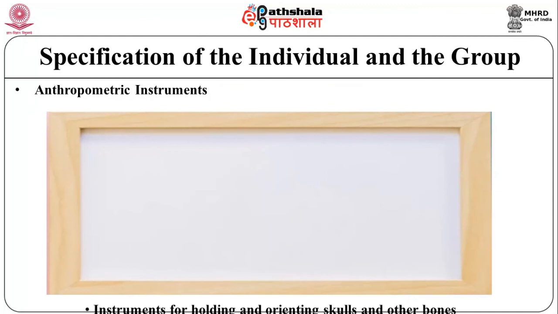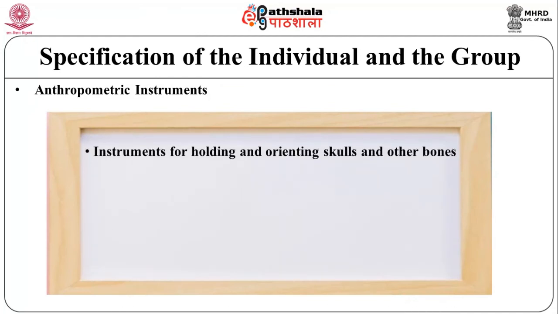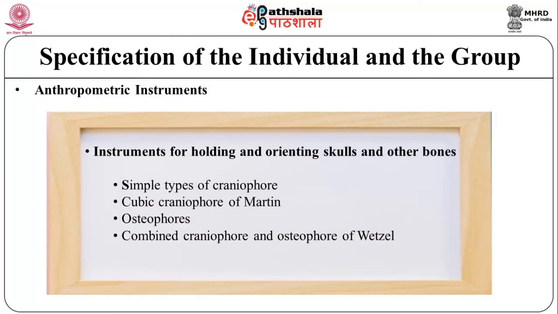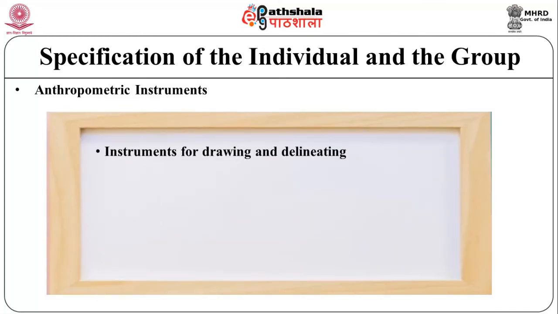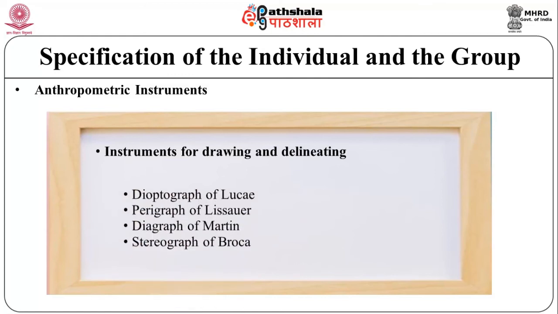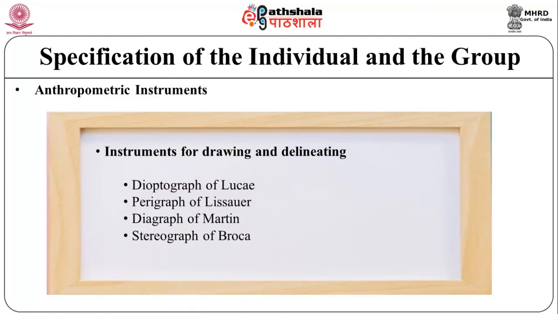Then come instruments for holding and orienting skulls and other bones: simple types of craniophore, cubic craniophore of Martin, osteophores, combined craniophores and osteophores of Hetzel. Instruments for drawing and delineating: diopter graph of Lucas, perigraph of Lissauer, diagraph of Martin, stereograph of Broca.